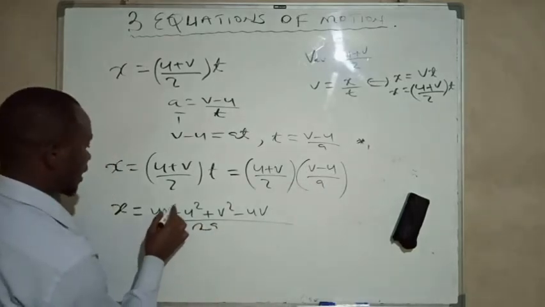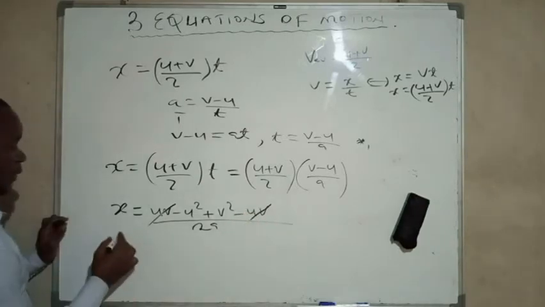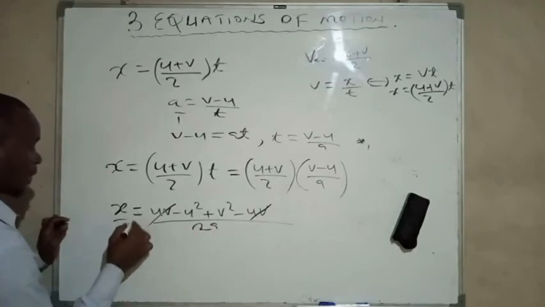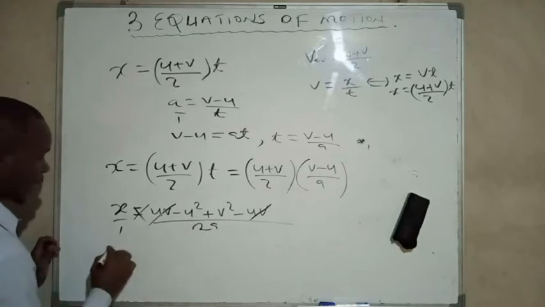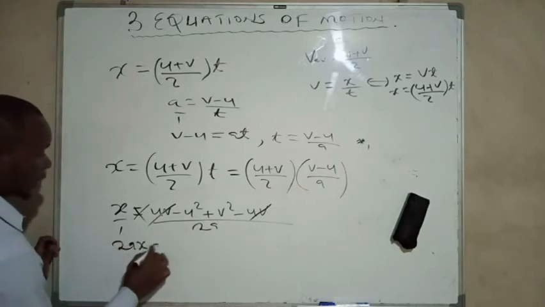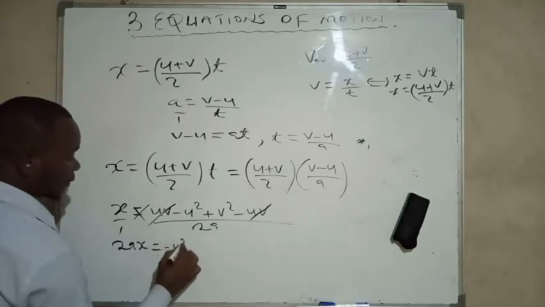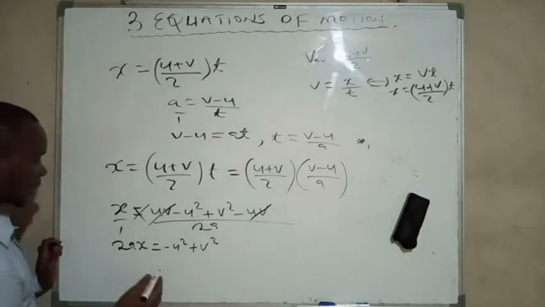So from this, we see that this will cancel with this. And what we're going to have is this x times 2. If we cross multiply here, we're going to have 2ax is equal to negative u squared plus v squared, which is simply the same.